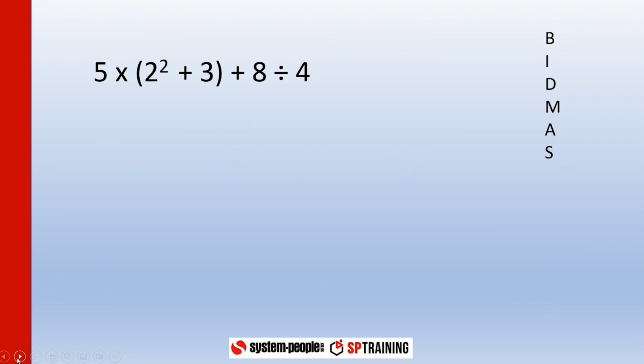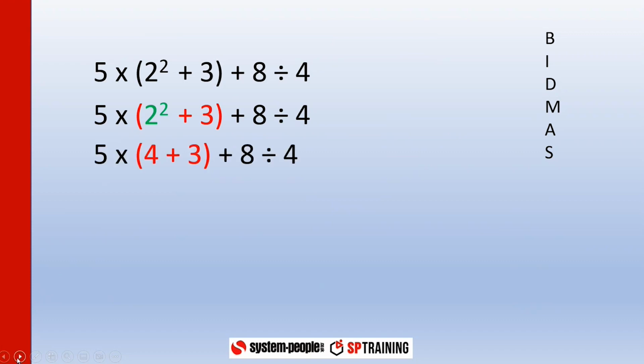So inside the bracket we have an index. We've got 2 squared, so we'd work out 2 squared first. 2 times 2 is 4, and then we'd work out the plus 3 as well. So we'd do 4 plus 3, which is 7.